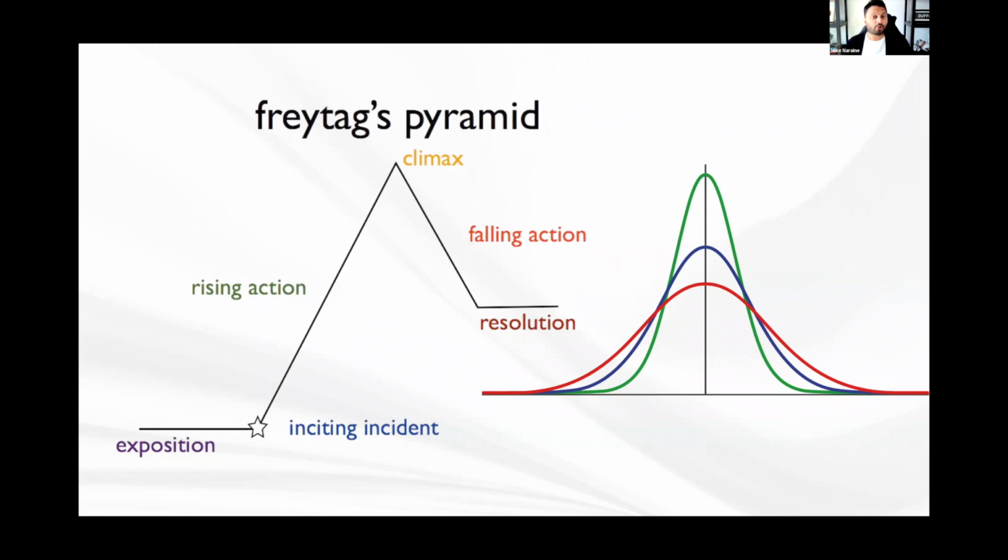By the same token, or conversely, you might have a shorter distribution window with your case narrative, in which case the elements are shorter. Your exposition, inciting incident and rising action phases might be more expedited, perhaps, with a more critical climax and then a steep falling action and resolution phase.